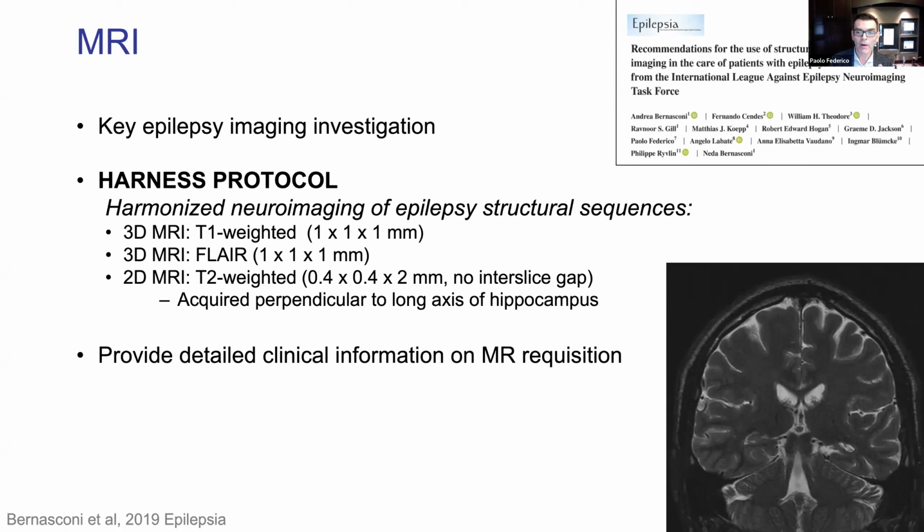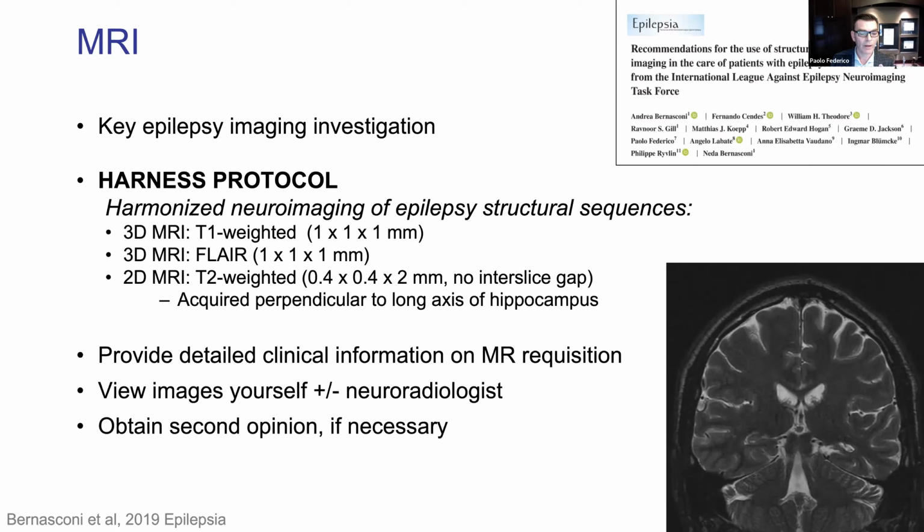But if you tell them, I suspect left mesial frontal, then they'll maybe look more carefully there, in addition to the rest of the brain. It's also very important to view the images yourself and with a radiologist if you have any questions. And you can also obtain a second opinion from another neuroradiologist or from another epilepsy center. So I think this slide is really, really important, and all of you should try and remember and understand this.